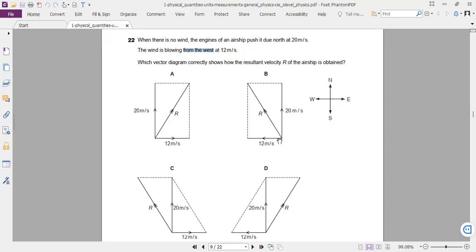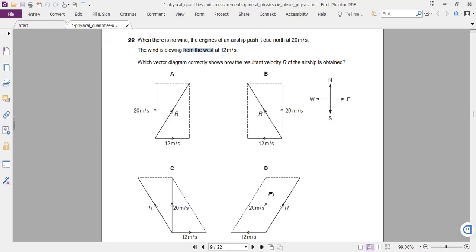So let's look at the diagrams. One in this direction and this, so B is wrong, and this direction and this, so this might be right. Let's look at the other diagrams. We have this direction and this, so C might also be correct, and then this and then this. So B and D are ruled out.